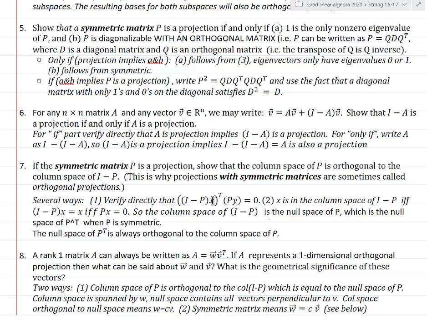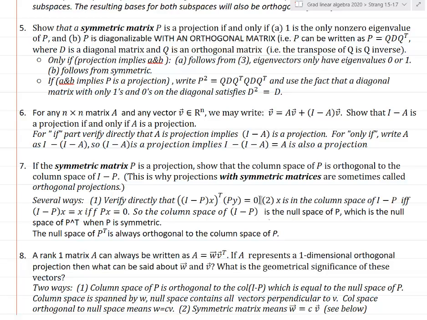If something is in the column space of P, then it can be written as Py. If you write down I minus P times x, inner product with Py, in matrix language we can write that as (I minus P)x transpose times Py. And you can just work out, using the fact that P is a projection and P is symmetric, that this is equal to 0. So that's one way of doing it.